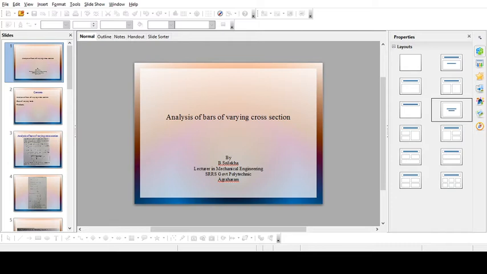It is given that a steel tie rod of 40 mm dia, its length is 2000 mm, is subjected to an axial load of 80 kilonewtons. So it is a tensile load of 80 kilonewtons.